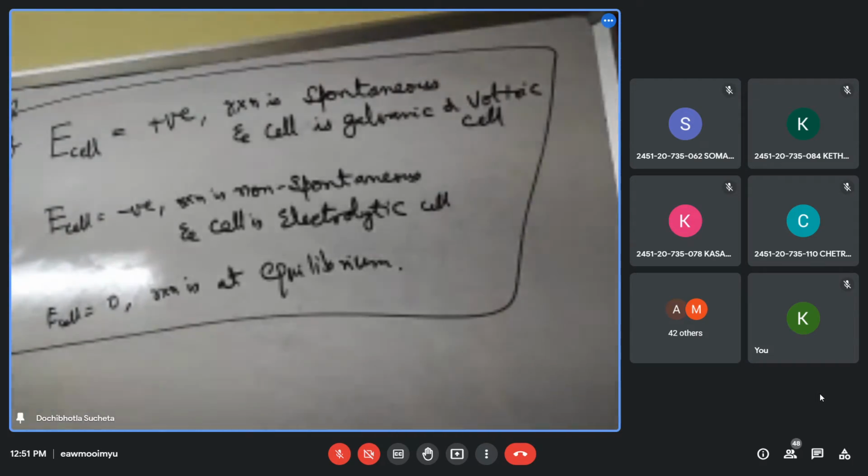So what is happening during this transformation? That means a chemical reaction is taking place. Okay, then let me put this. You have your mobile batteries. So are they galvanic cells or electrolytic cells?